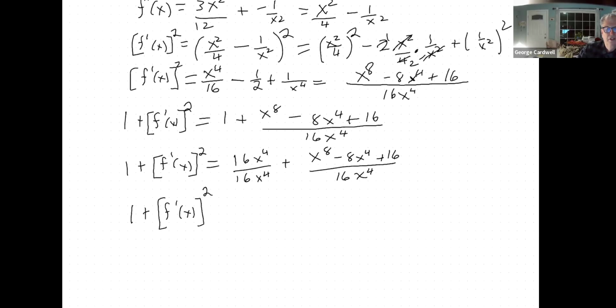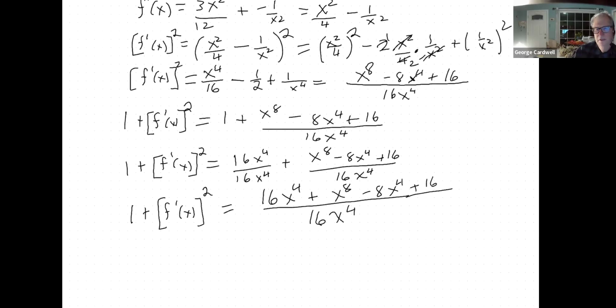Now you see I can write this all over one denominator. And then I have this here, 16x to the 4 plus x to the 8 minus 8x to the 4 plus 16. Okay. So notice now 16x to the 4 and minus 8x to the 4 could turn into plus 8x to the 4. I can combine these two terms.